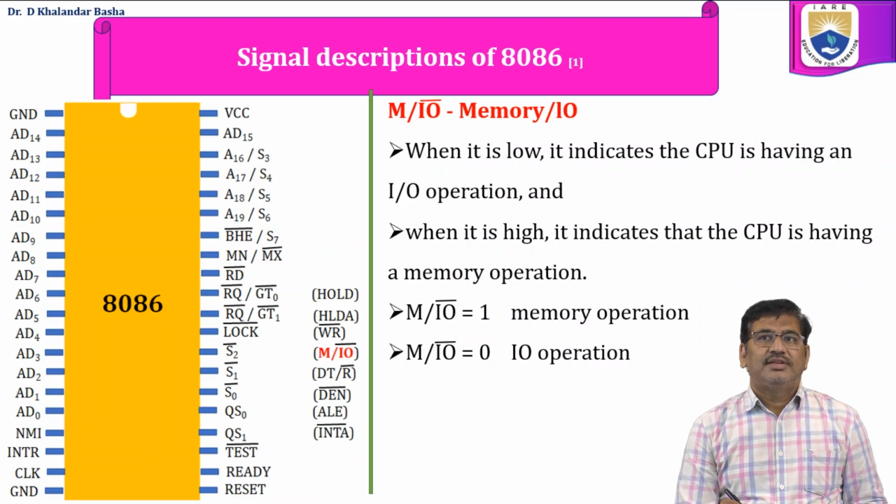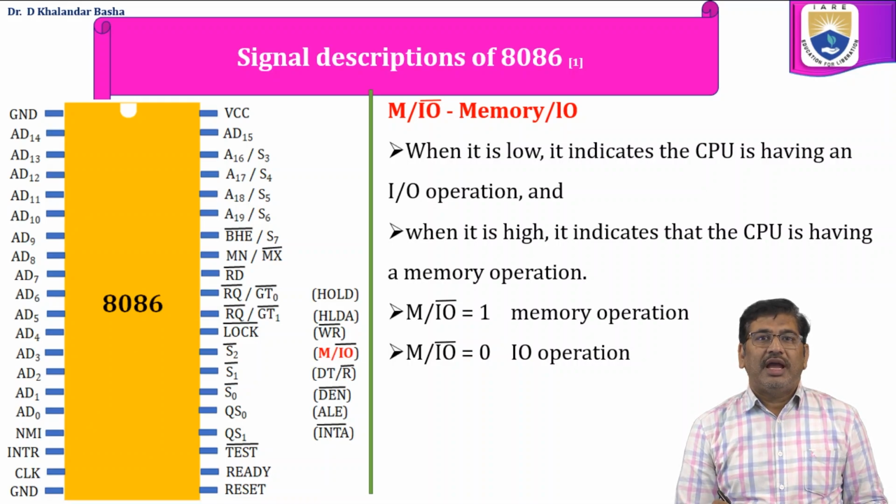The next signal is M/IO bar, which is memory or IO operation, where IO stands for input output operations. When the signal M/IO bar is low, it indicates the CPU is having an IO operation.